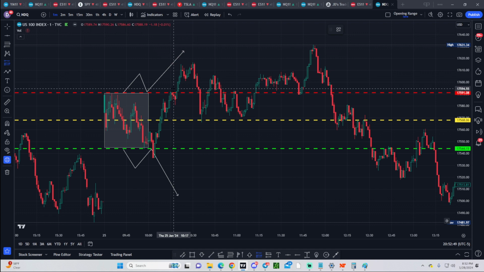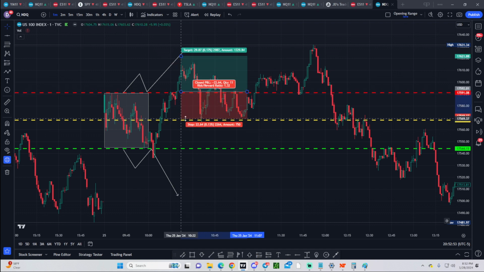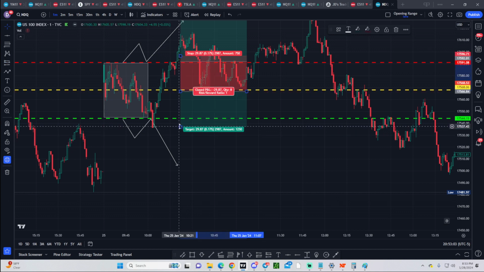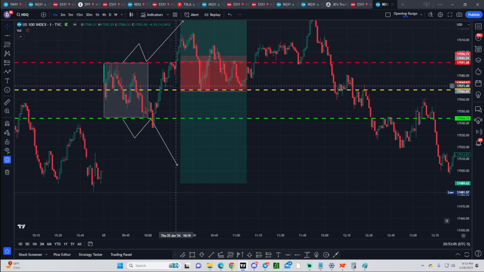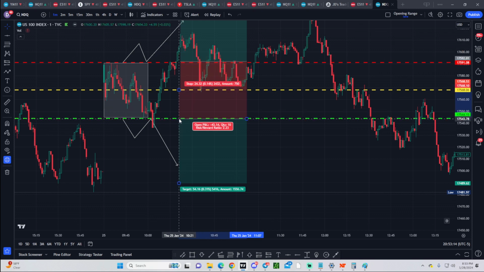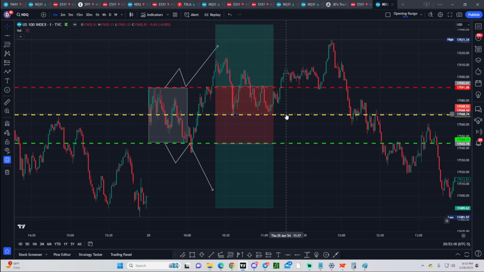Long positions will look like this, using the midpoint as a stop, and here a short position. We're looking for short positions to develop to the downside, and you're still using the same midpoint for a stop. So two different trades and same concept. That's how we're using the midpoint here.